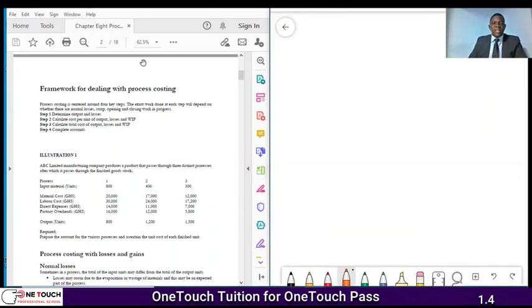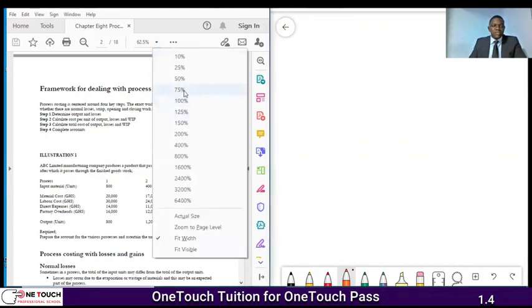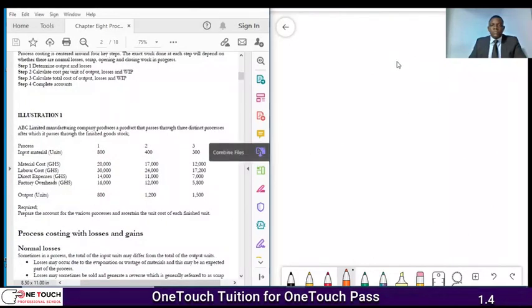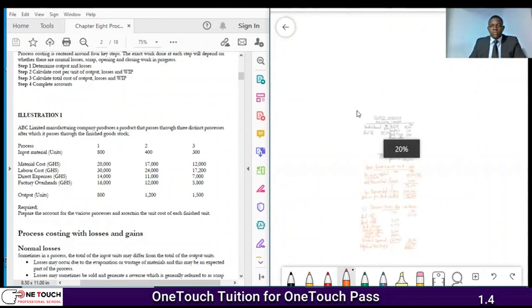Okay, so let's look at our first illustration. Illustration 1, ABC Limited Manufacturing Company produces a product that passes through 3 distinct processes, after which it passes through the finished goods stock.